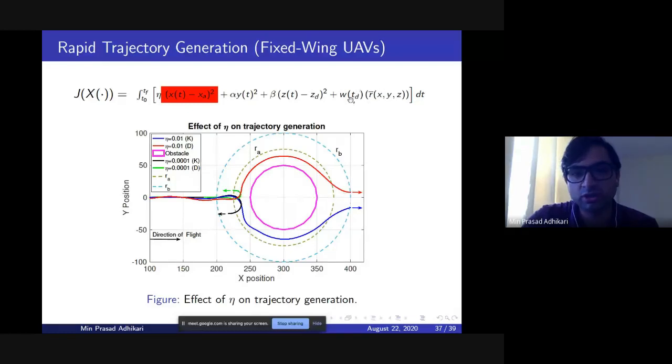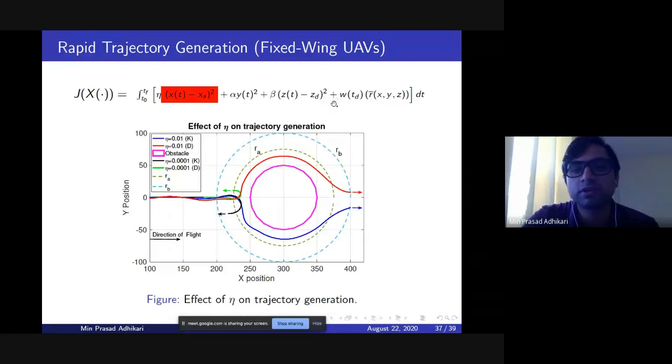But when you are near the obstacle, the impact of the obstacle becomes so high that, when eta is really small, as you can see with the green and black lines, the UAV may not progress along the direction of flight and may actually turn back.